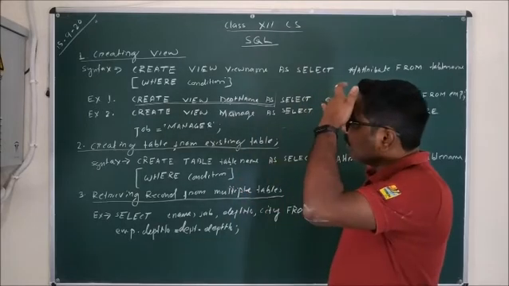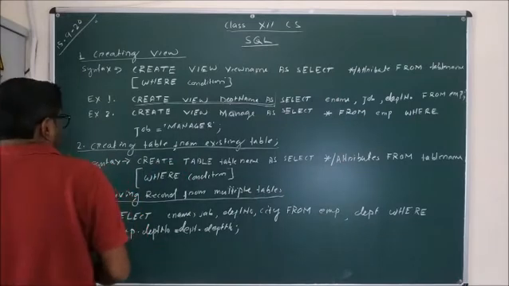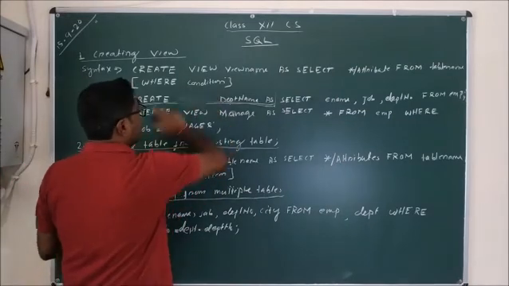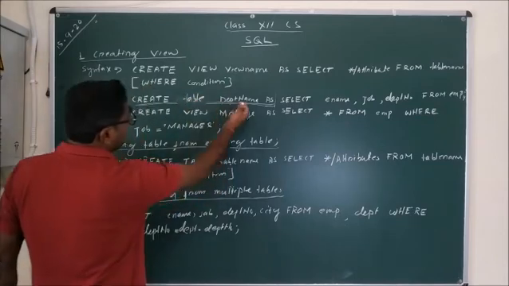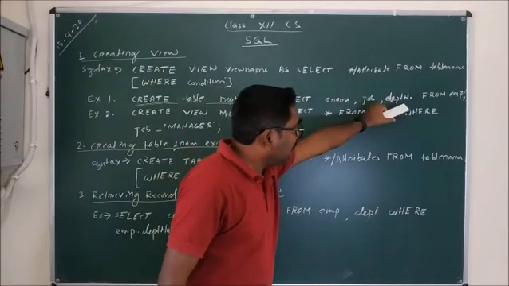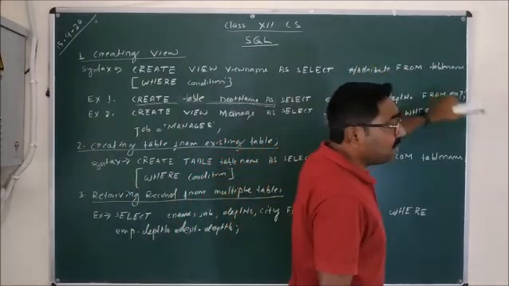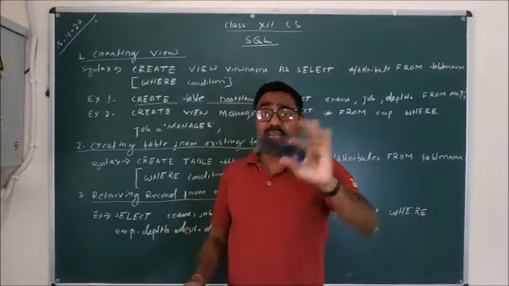Now suppose in the first example, instead of this I am writing here create table. Create table department as select ename, job, department number from EMP. What happens in the same database? Suppose the database is company.